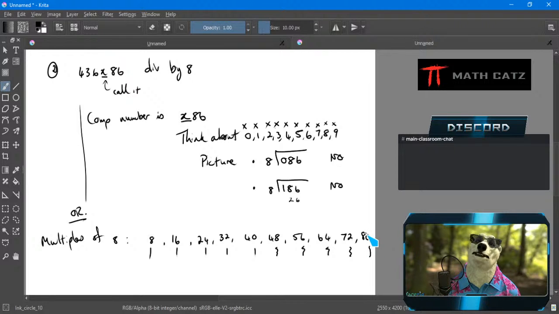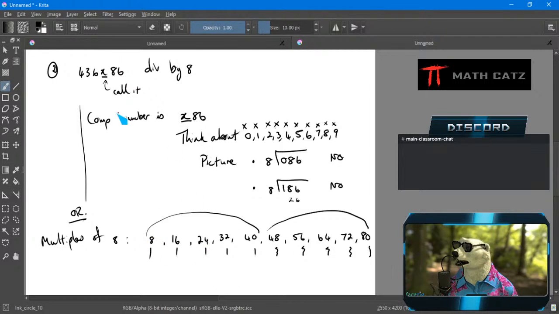And the next one's going to be 88. The ones digits loop around every 5 multiples. It cycles back and starts with an 8 again. Not the other digits. Of course, they get bigger and bigger and bigger. But the ones digits loop around. 86420.